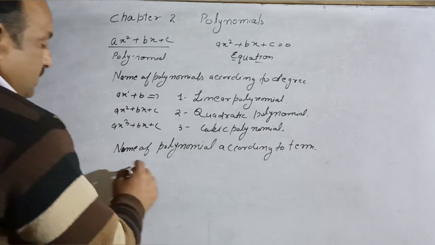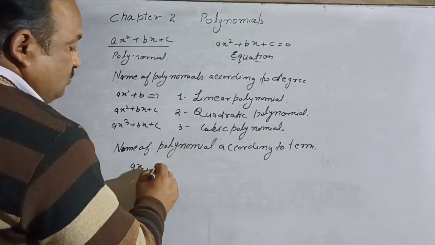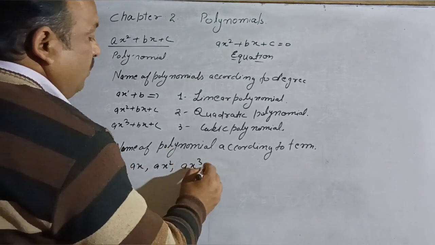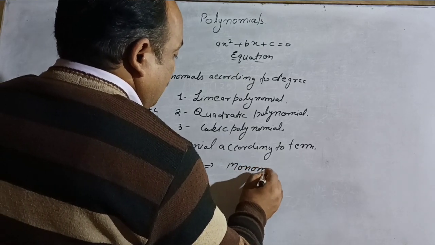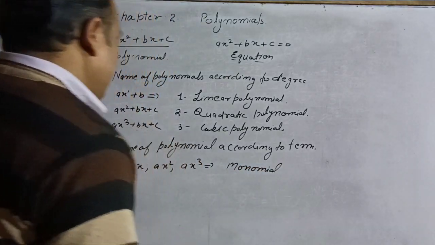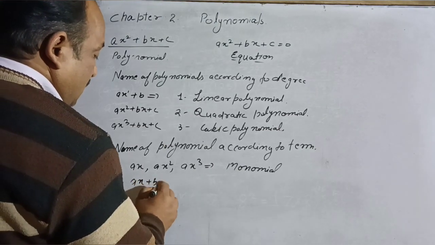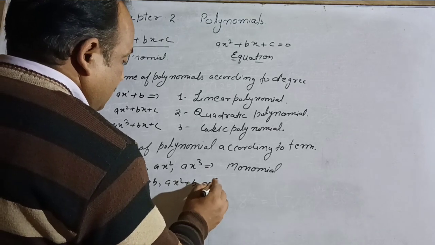First type, if ax or ax square or ax cube, in this type the polynomial is called a monomial. Second type, ax plus b or ax square plus b or ax cube plus b.